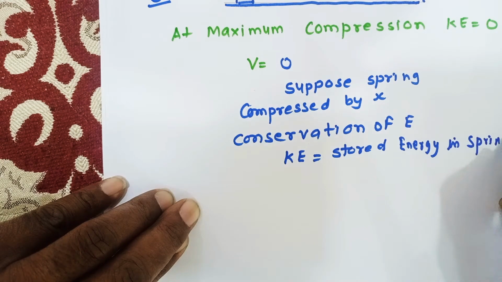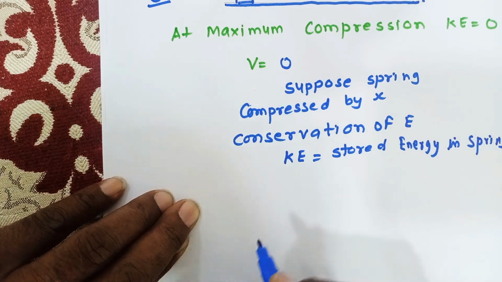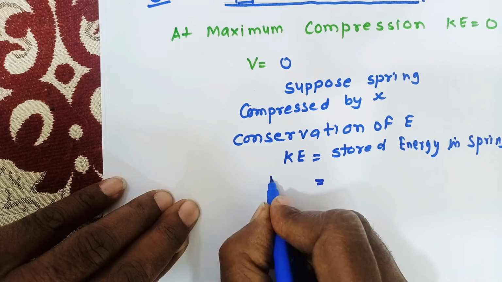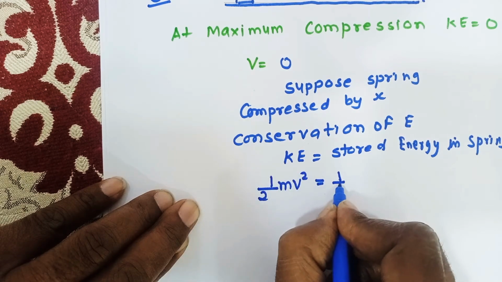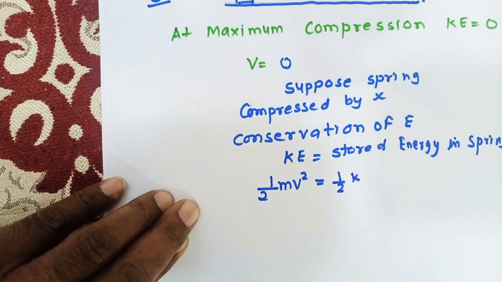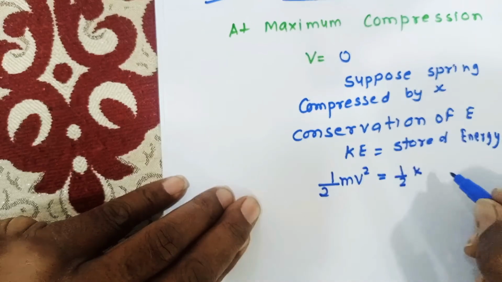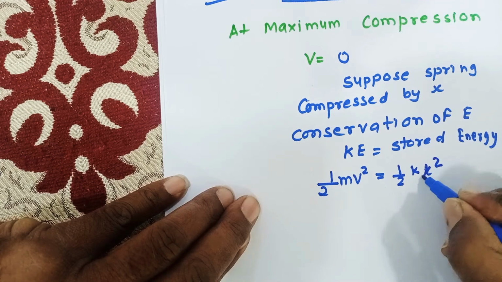And the stored energy in the spring will be half k x square, that is why 1/2 m v square equals 1/2 k x square.